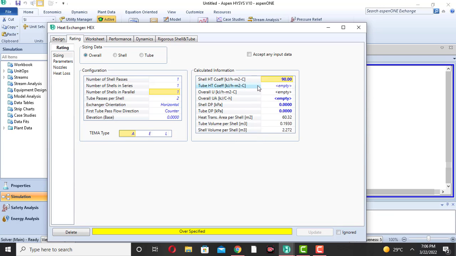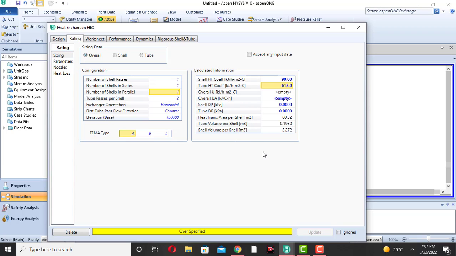And the tube side heat transfer coefficient is 170 watt per meter square Kelvin.